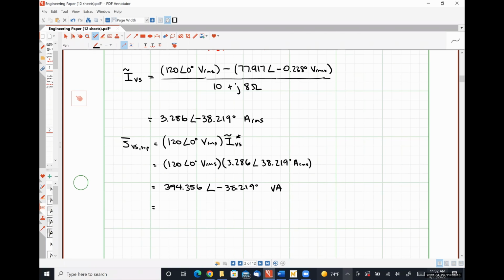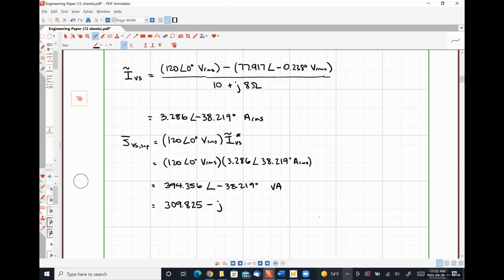Which is the same as 309.825 minus J 243.977 volt amperes. Okay. So now, yes, did I screw something up?